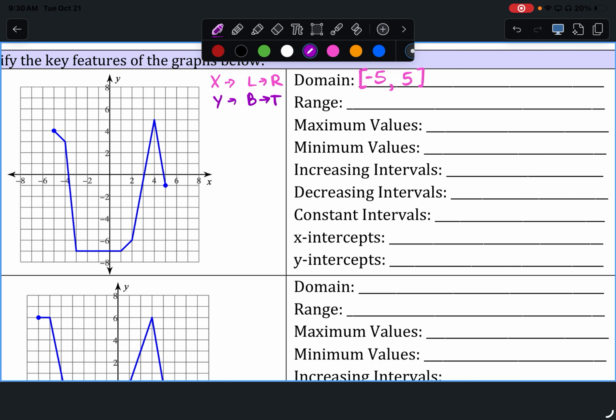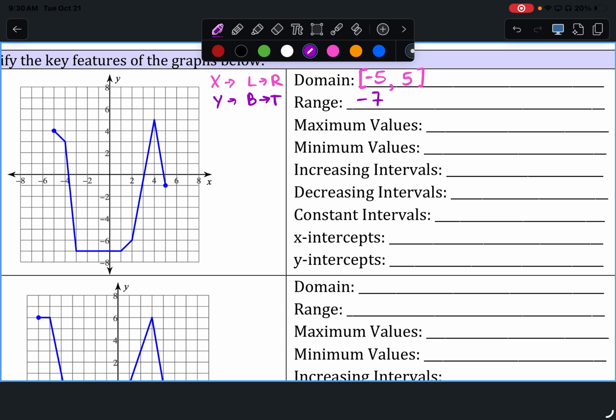Because is there any way I can list all the numbers in between 0 and 1? There is 0.1, 0.2, 0.3, 0.4, 0.0002, 0.0005, 0.12345. So there's no way we can list all of those decimals, so we use an interval to show all of them. So what is the lowest Y value we have?